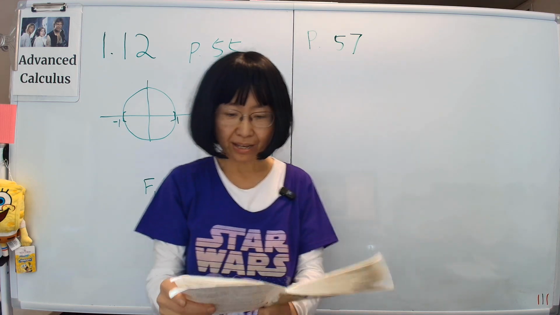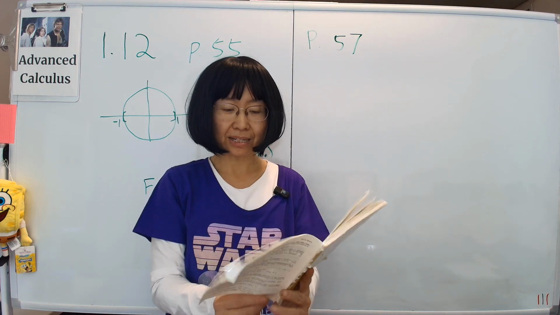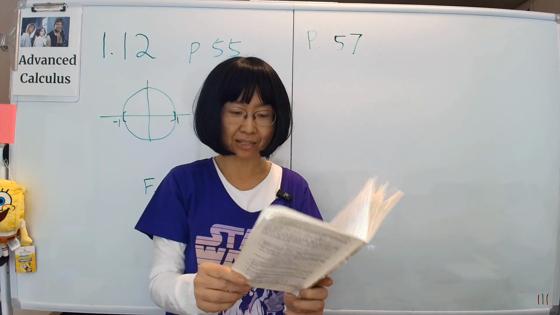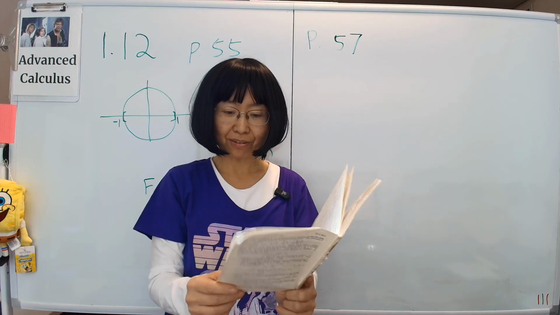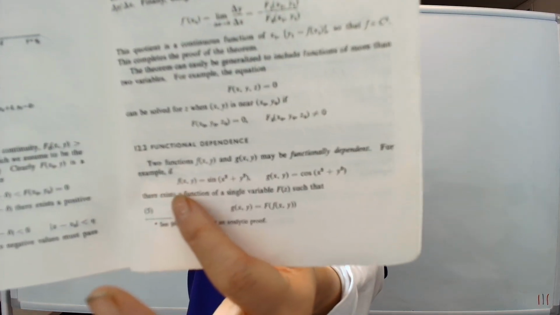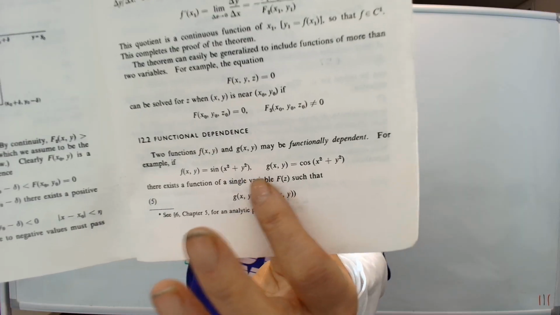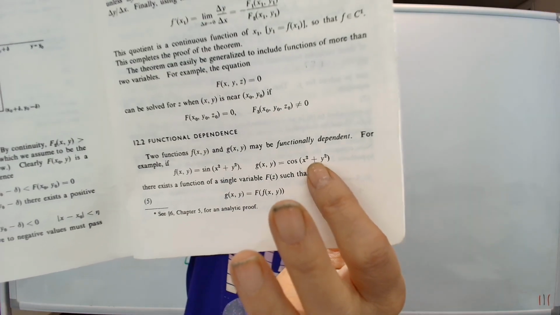Now continuing on page 57, let's consider the next section, functional dependence. Two functions are functionally dependent in a very interesting situation. Consider, for example, these 2 functions: f equals the sine of this stuff, g equals the cosine of the same stuff.